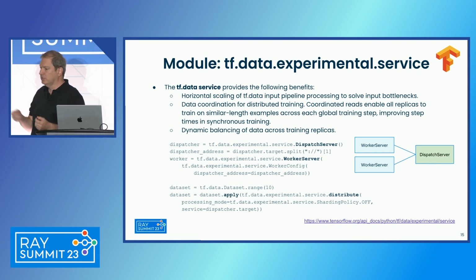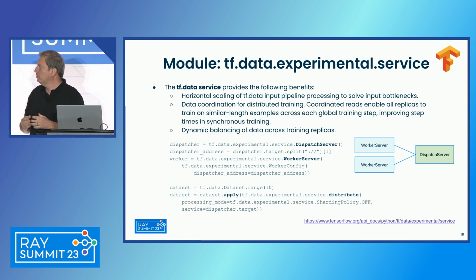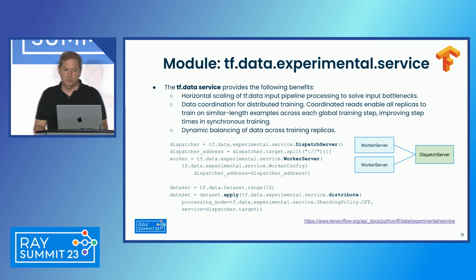The dispatcher is the one that coordinates between the workers, and the workers are the ones that actually execute the tf.data pipeline in every processor. This has some advantages in letting you scale horizontally by just adding more workers and having the dispatch server coordinate between the different batches that come from the workers, to have only-once semantics, for example.